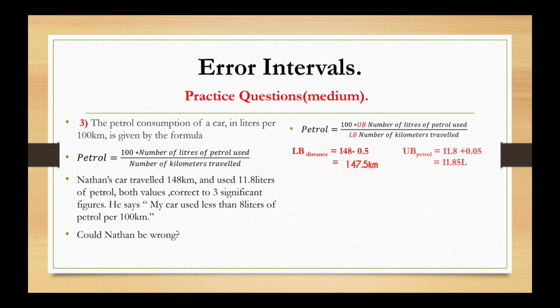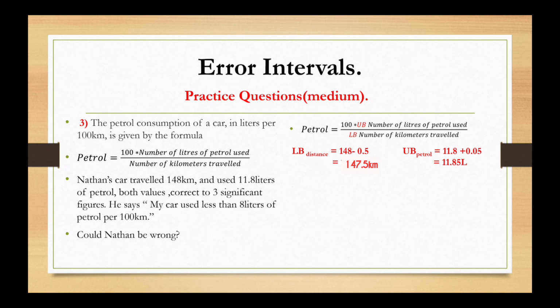And then we work out the upper bound for the petrol consumed, which would be 11.8 plus 0.05. And I believe you know what is 0.05 that I'm adding, because when you add it up, you have 11.85, and that is the maximum value that could have been rounded to give 11.8.